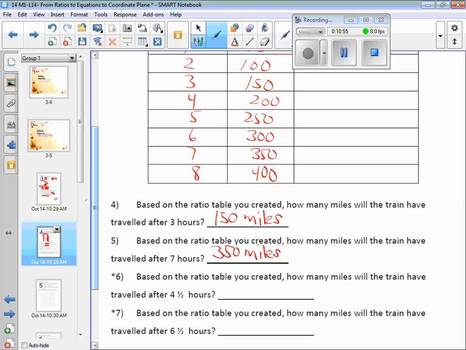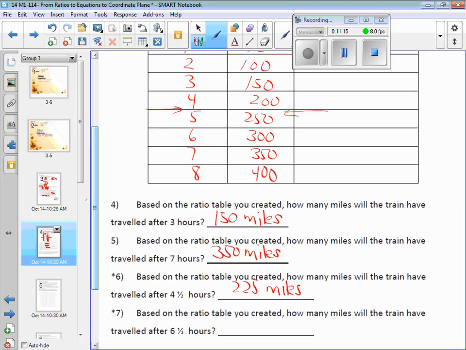He's got it. So he's figuring, okay, well, 4.5's got to be halfway between 4 and 5. Therefore, I'm going to pick my equivalent ratio halfway between 200 and 250. That's a good job. Oh, sorry, 225, right? Okay.